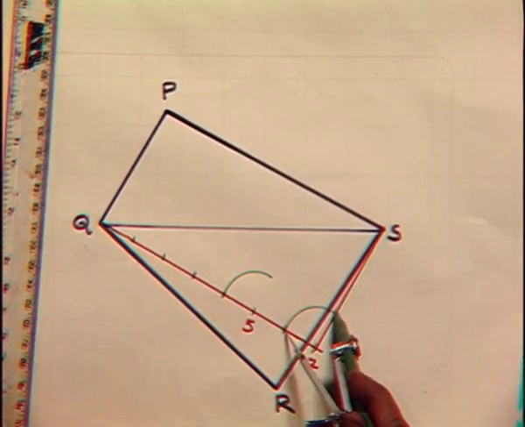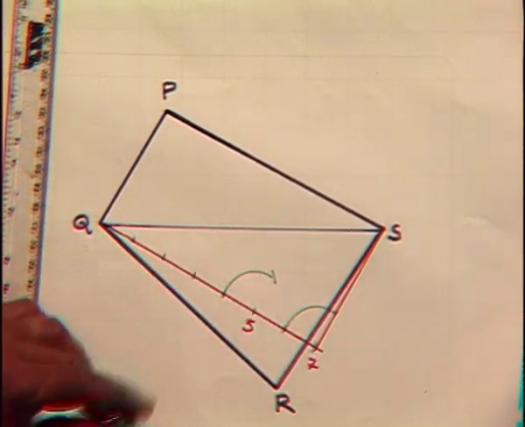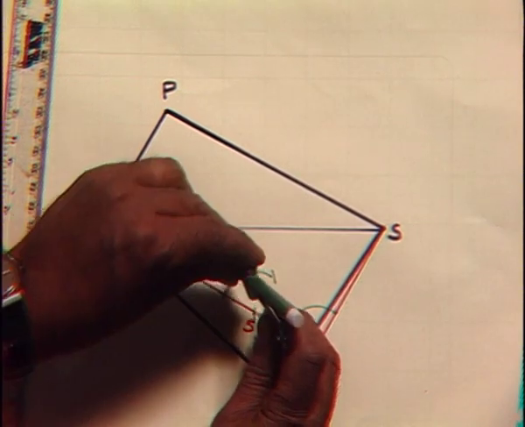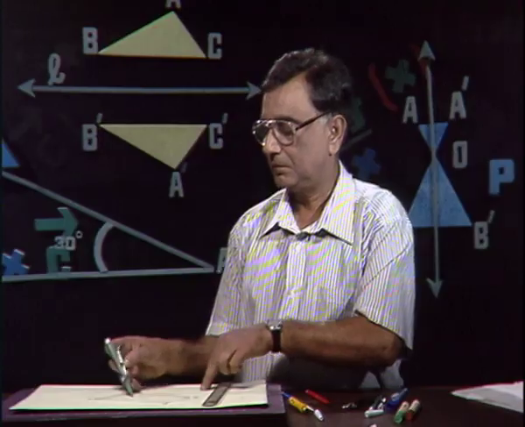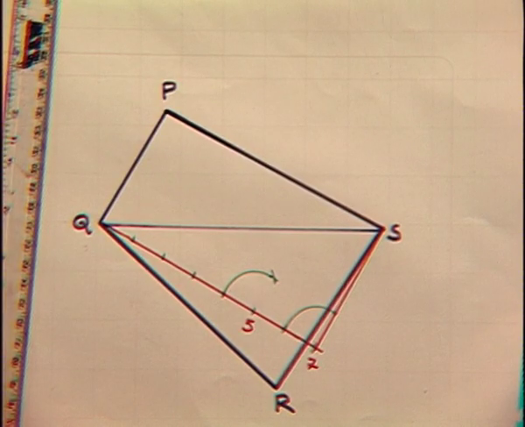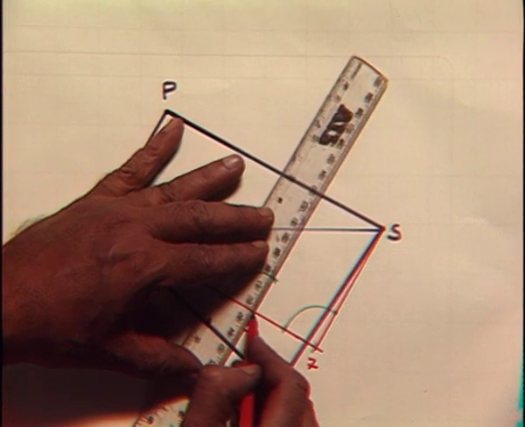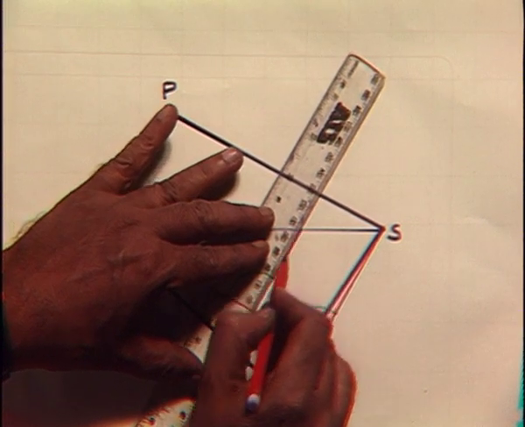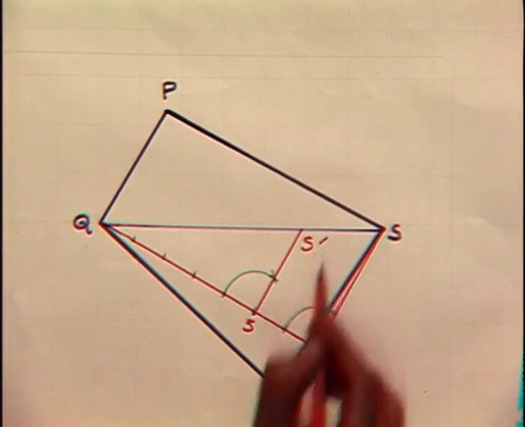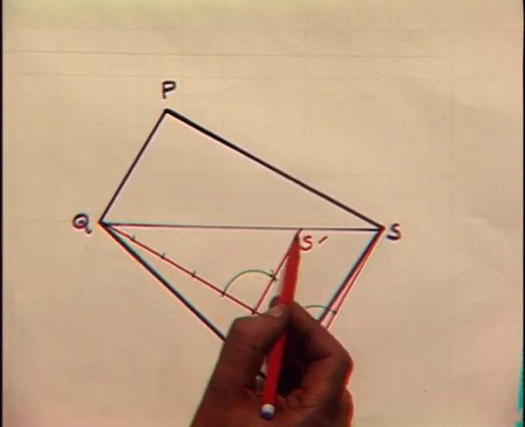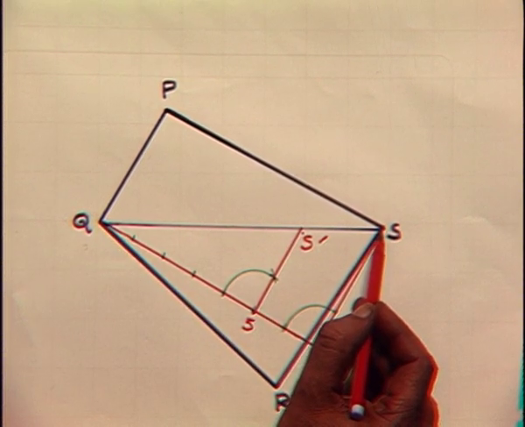The measure of this angle is this much, cutting off that angle from there. So, let us name this point as S dash. Now, Q S dash is 5/7 of Q S.